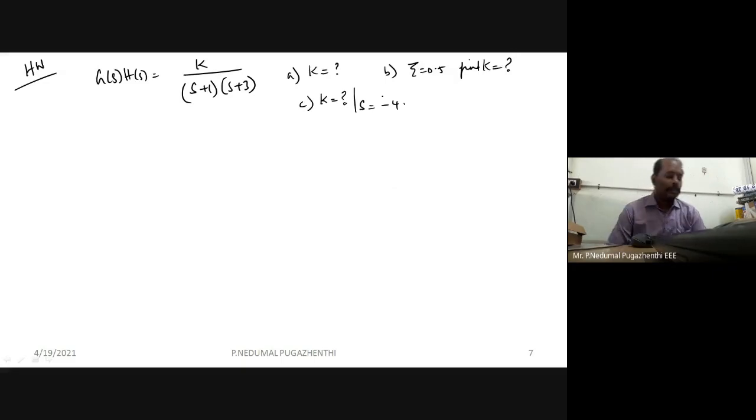What happens to your k value when you put s equal to -4? All these three you have to find, and finally tell me how the structure of your root locus branch looks like.